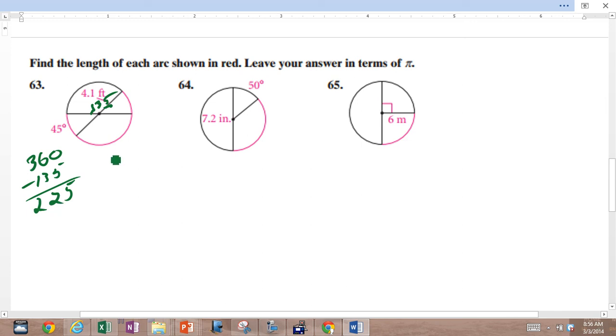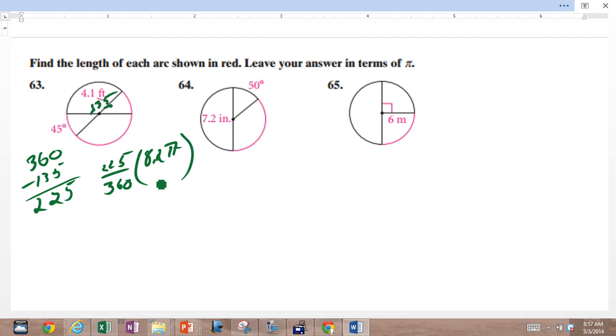So then I'd say this arc is a fractional part, 225 over 360 times 2 pi r, where the radius is 4.1, so it's 8.2 pi. So there you have it. That's your procedure for going through that. You simplify that and leave your answer in terms of pi for each one of those, and then you're done.